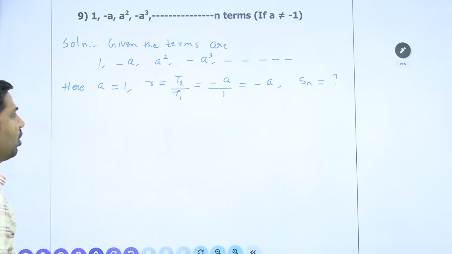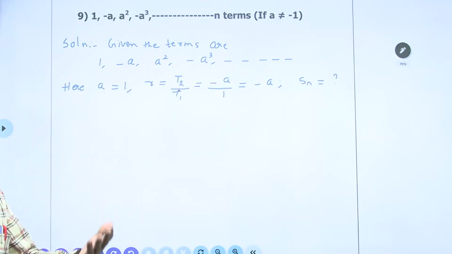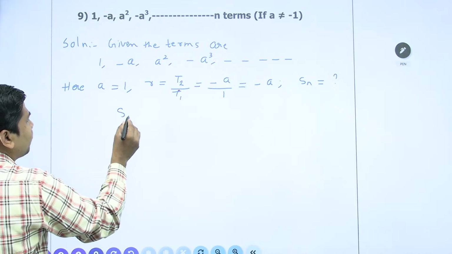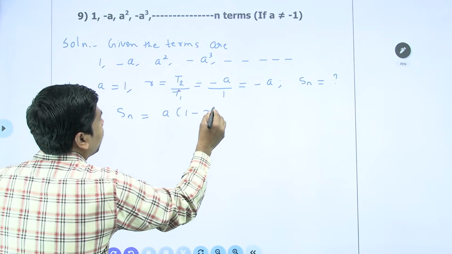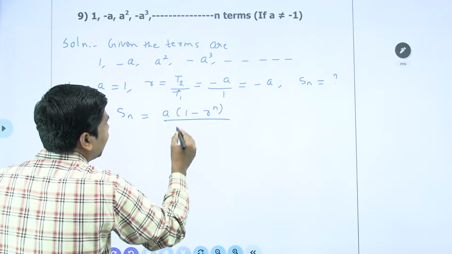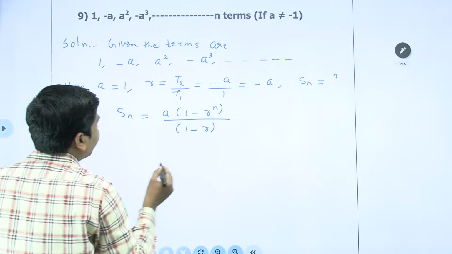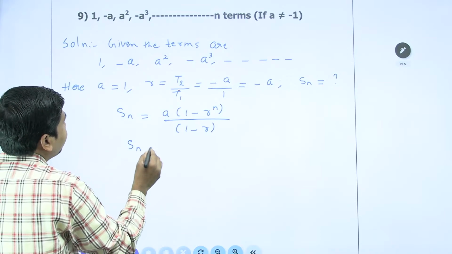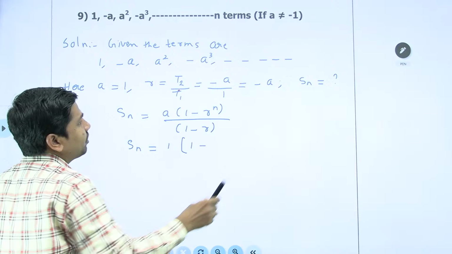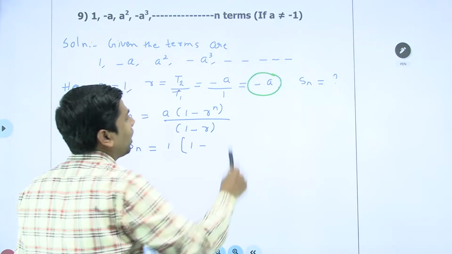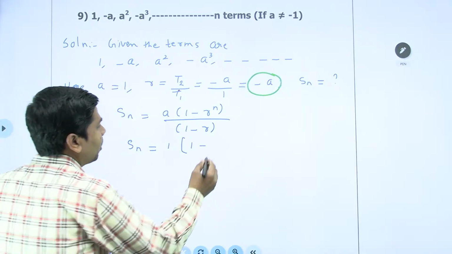Okay, let us use the formula. Sn is equal to a into r to the n minus 1 by r minus 1, or a into 1 minus r to the n by 1 minus r. Replace a as 1, and r is equal to minus a.